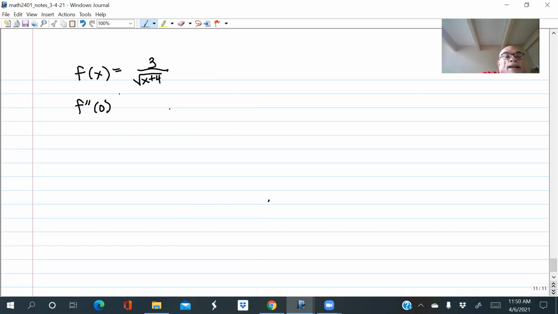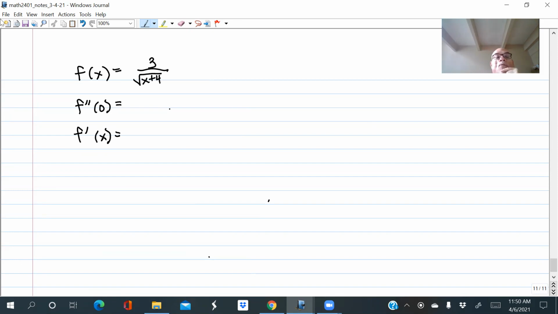Okay, well, again, before we evaluate the second derivative, we've actually got to compute the formula for the second derivative, right? Okay, so let's see if we can do that, and that means we have to find first, though, the formula for the first derivative, right? So one step at a time here. First, we have to find the first derivative, okay?